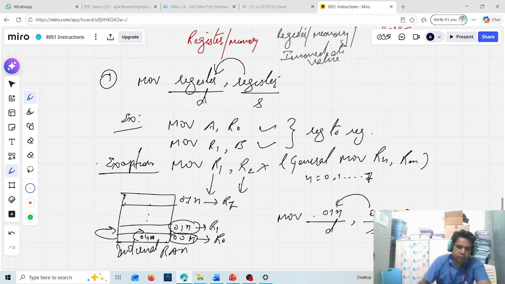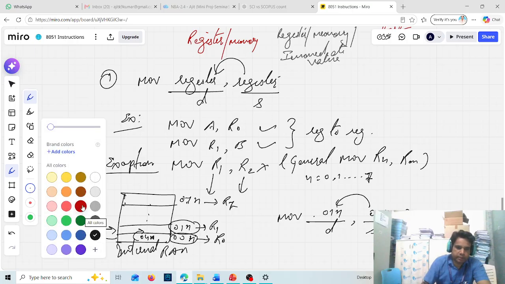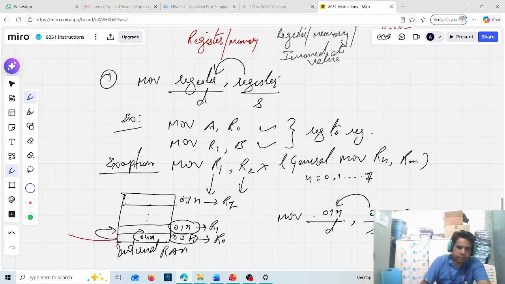You can transfer this data into, let's say, register A, and from A move it into this memory location. First of all, write MOV A, 00H. Step 1.